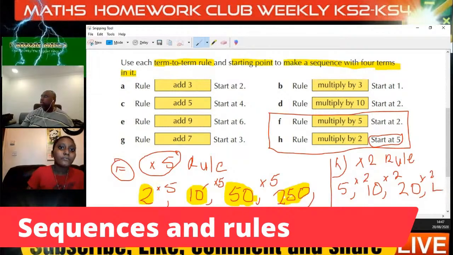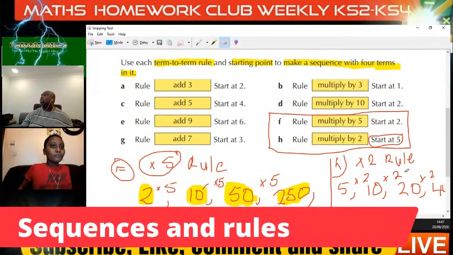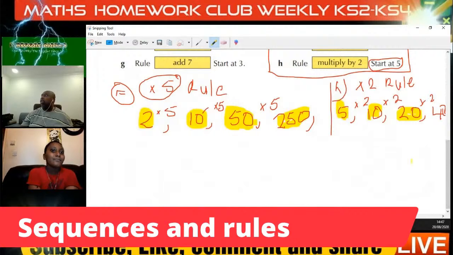Well done. Now the sequence is 5, 10, 20, 40.